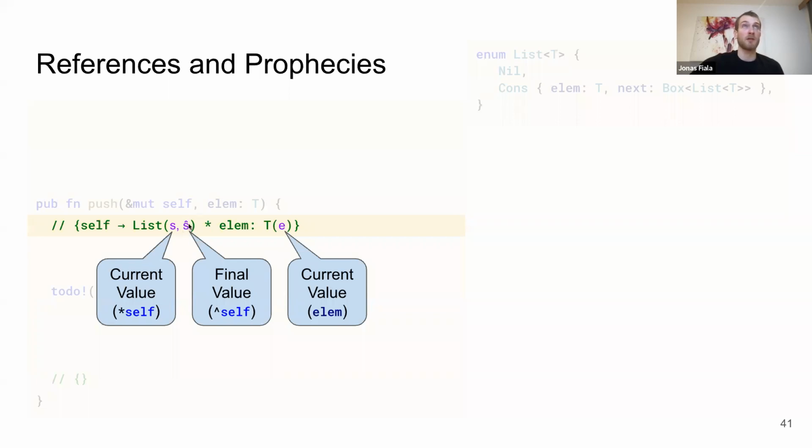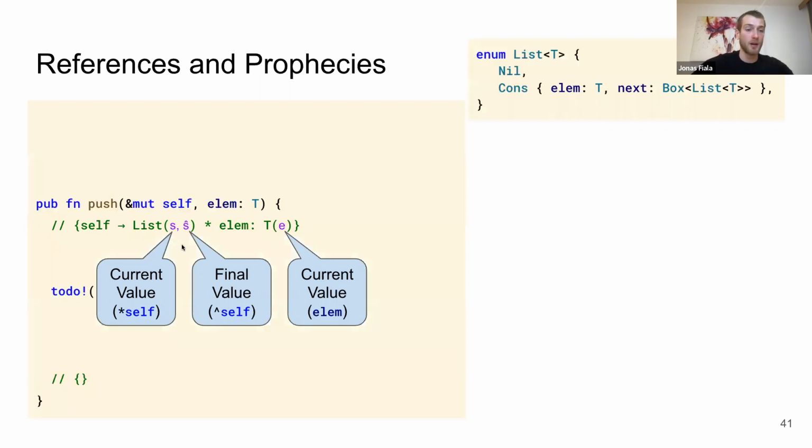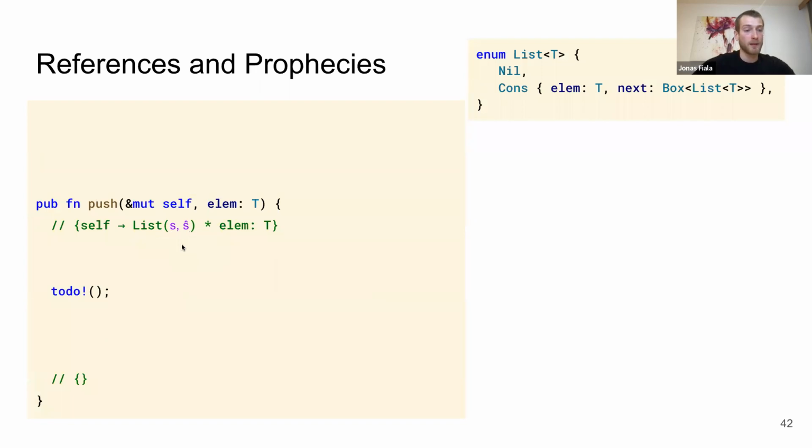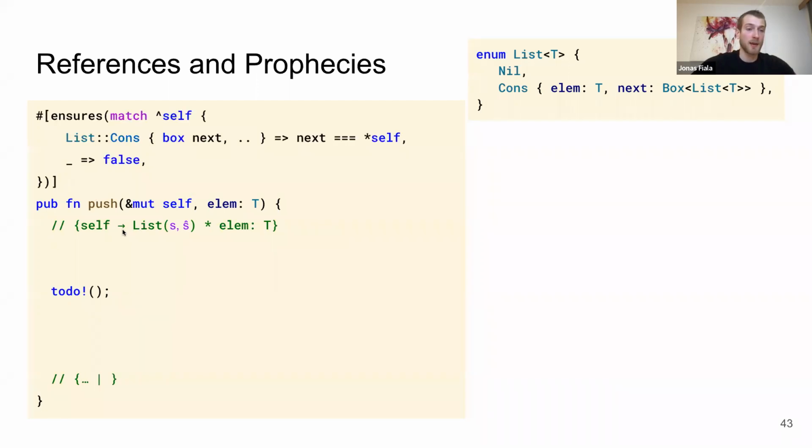I'll always represent final values with a hat. It tells us the value itself will have when it expires, or when we say that we won't use it anymore. So mutable references contain both the current and the final value. That's why we have the pair.